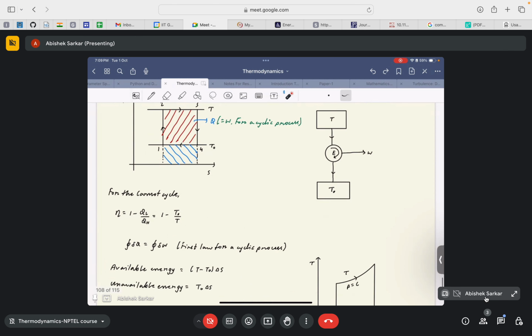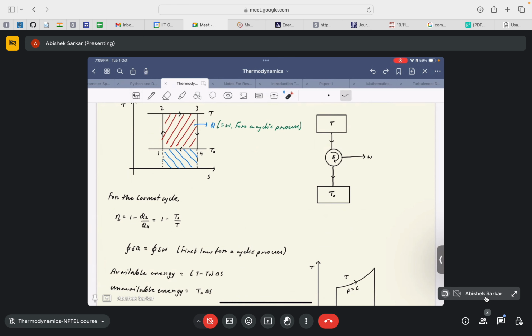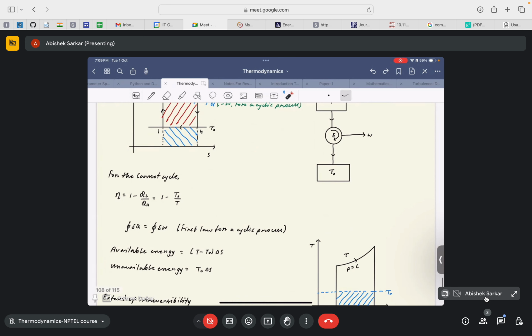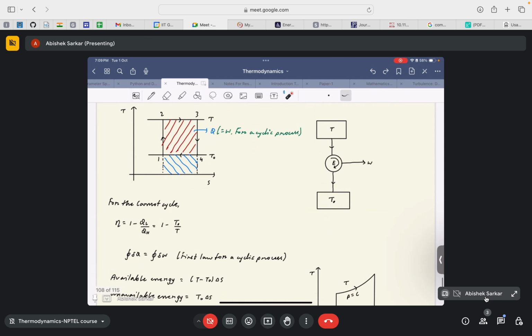Now, for a thermodynamic cycle, we know that the cyclic integral of delta Q is equal to the cyclic integral of delta W, which is basically the first law for a cyclic process. When we look into this diagram, since this is a cyclic process, the area under the TdS plot gives us the net heat transfer.